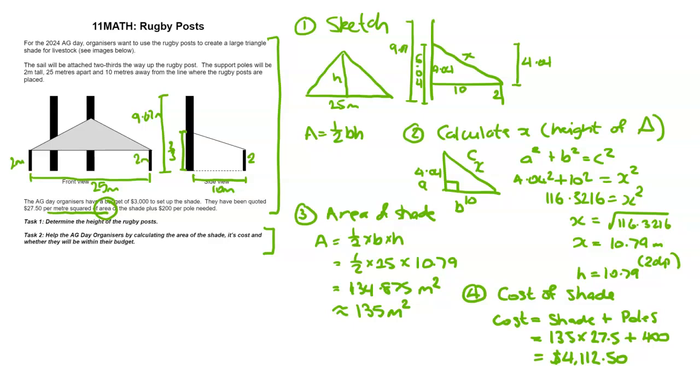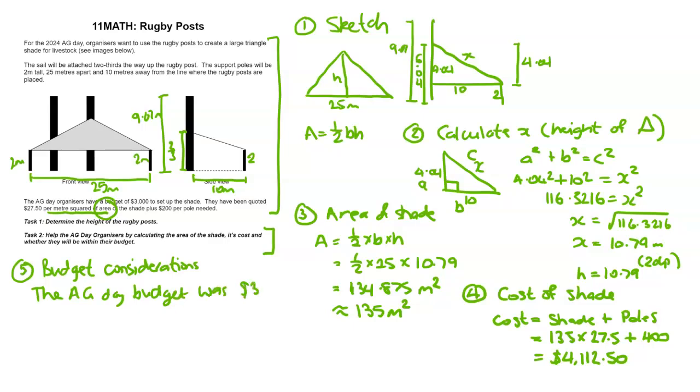So going back to the question, I've calculated the area, I've calculated the cost, and my last statement there is to figure out whether or not they're going to be in budget or not. So that'll be step number 5. So budget considerations. The Ag Day budget was $3,000.